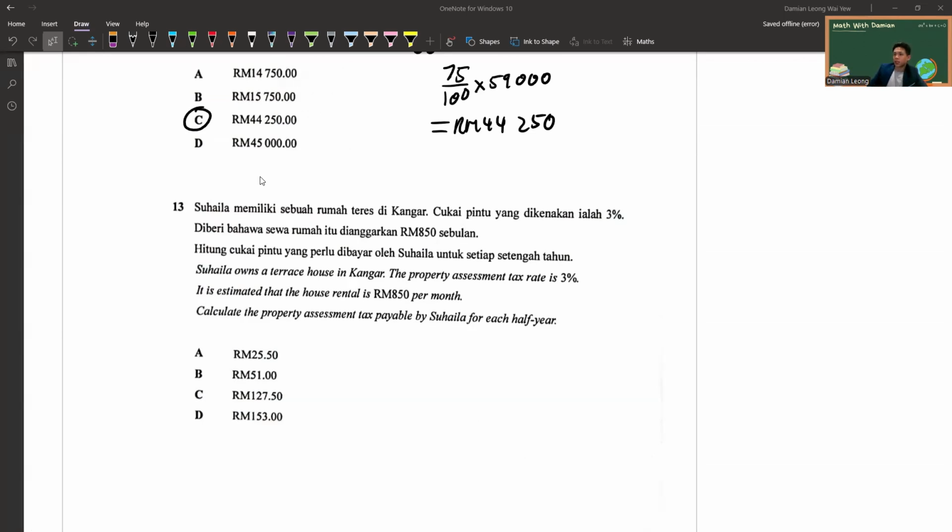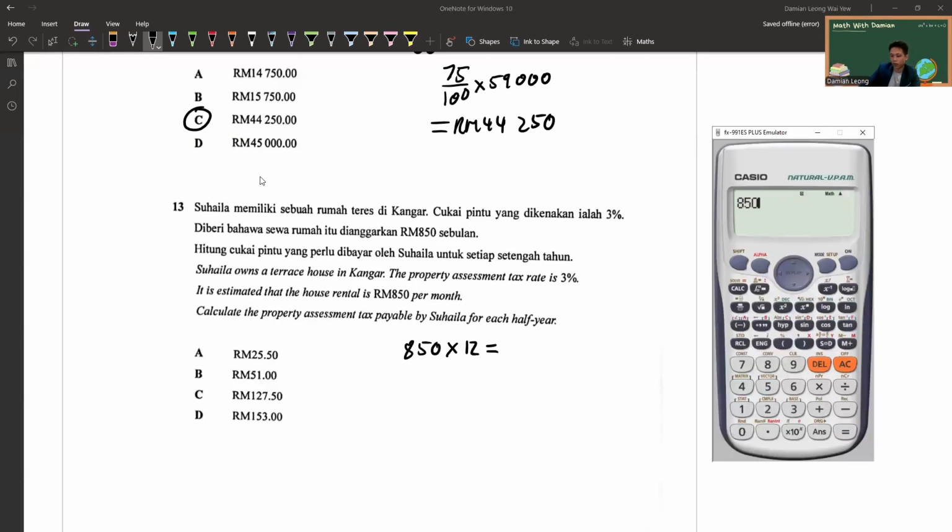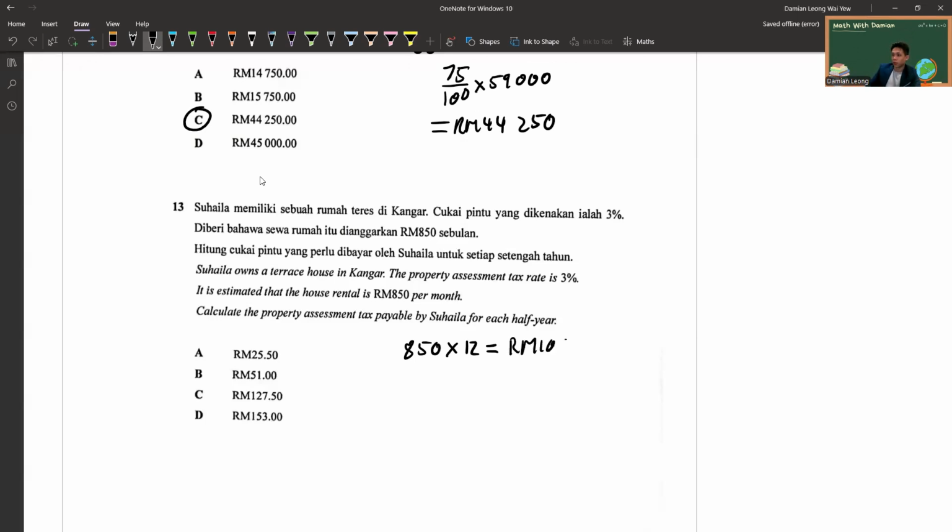Property assessment tax is based on how much they can get from rent in 1 year. So 850, we times 12 months first. 850 times 12, 10,200 ringgit.